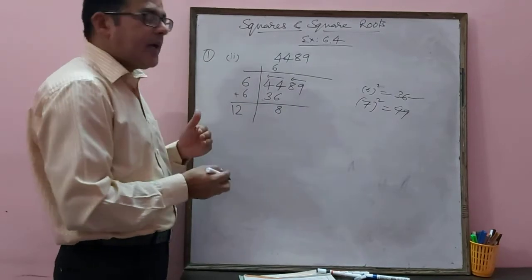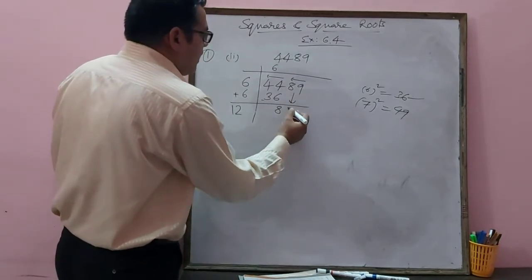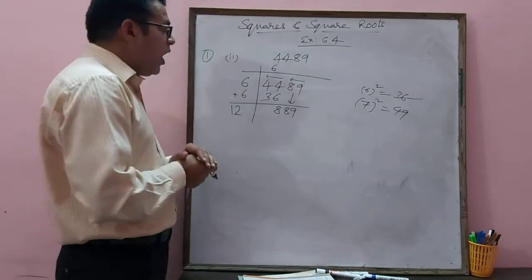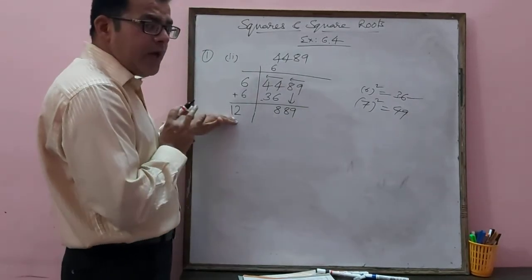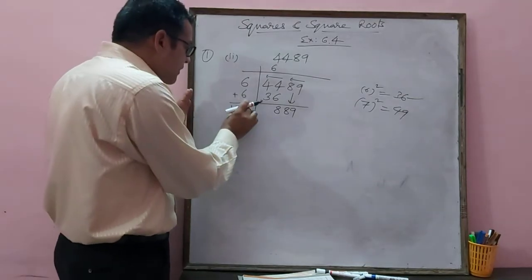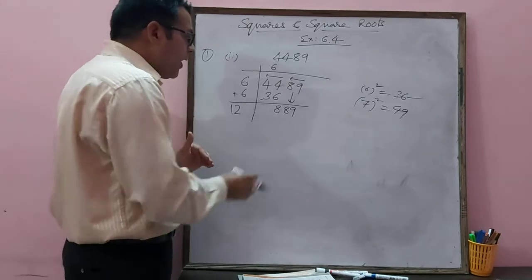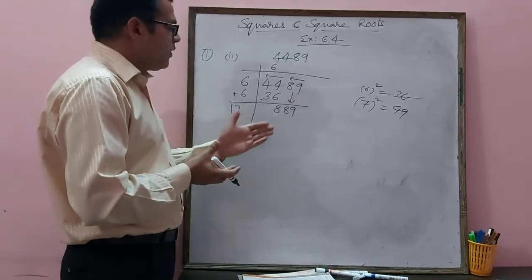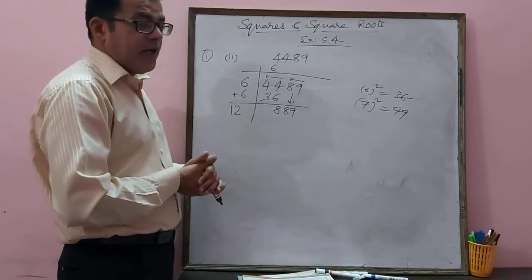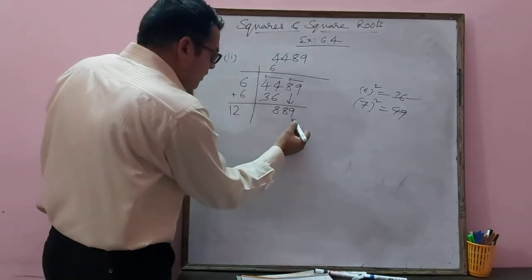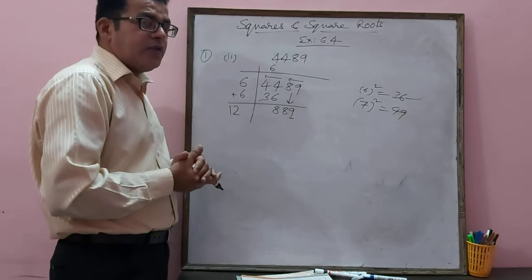Now what is the second step? We have to shift down the second group. It is 89. Right? Now 12 already we have here. We have to put one digit here, and that whose product will give 889. You have to search that digit. The very simple trick is, see, last digit, that is 9.